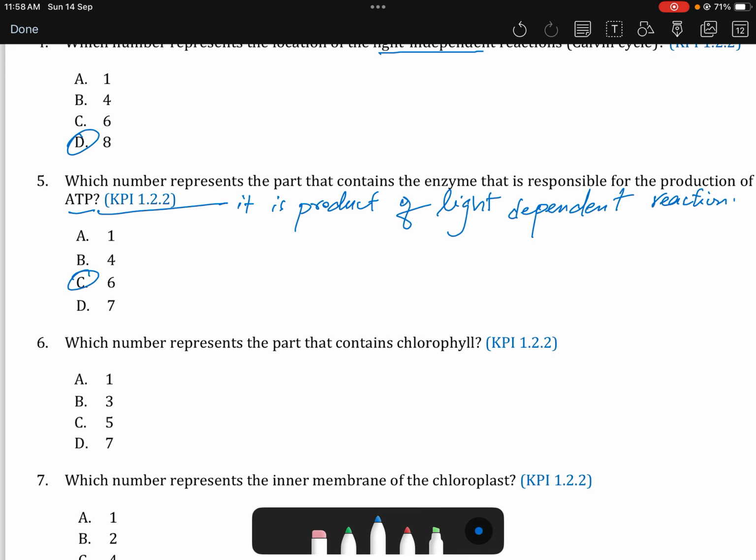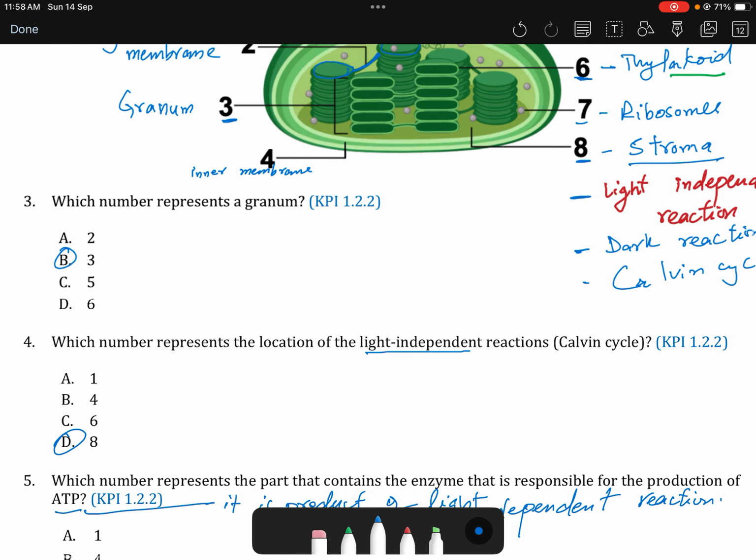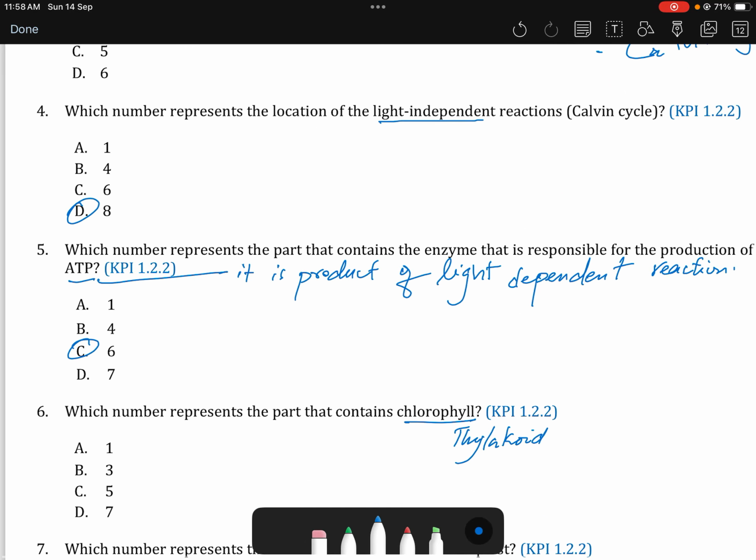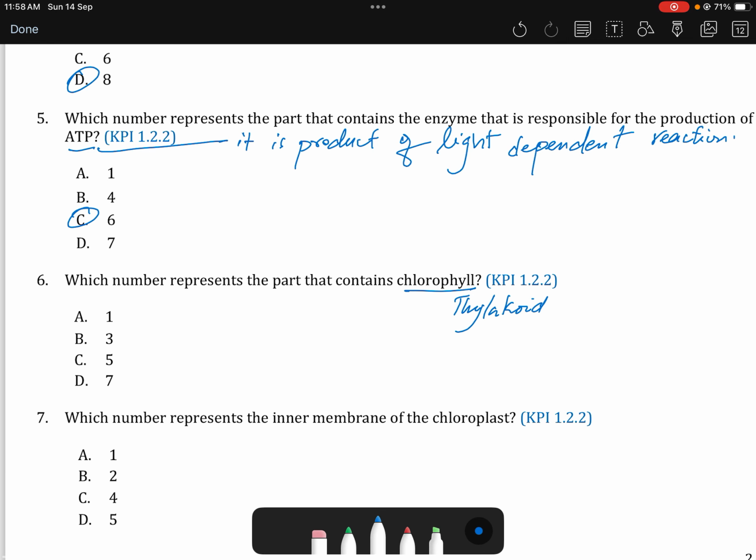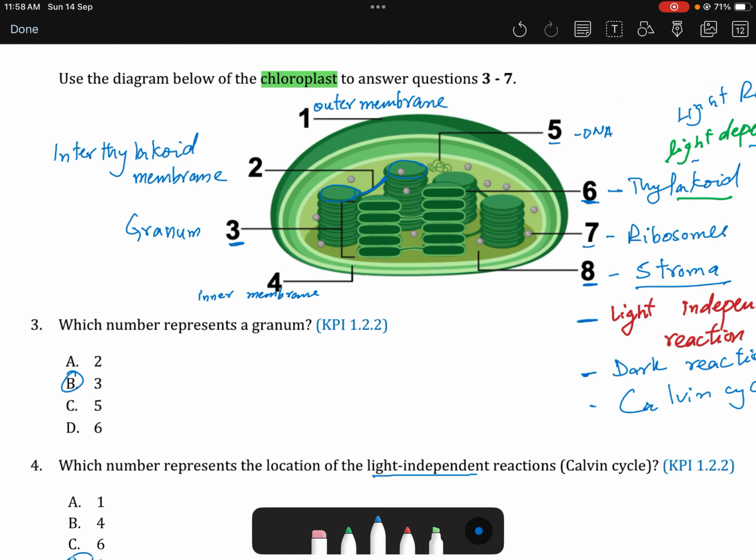Which number represents the part that contains chlorophyll? Again, this is the thylakoid, so the answer will again be 6. But over here there is one more thing. Since 6 is not in the options, we know it is the thylakoid, but if it is not in the thylakoid, where else can it be?